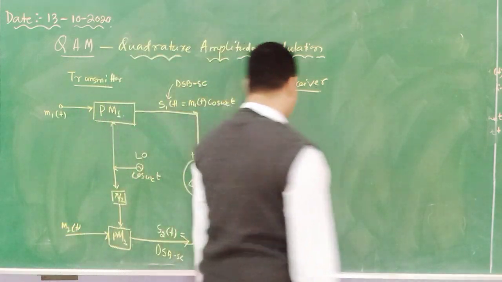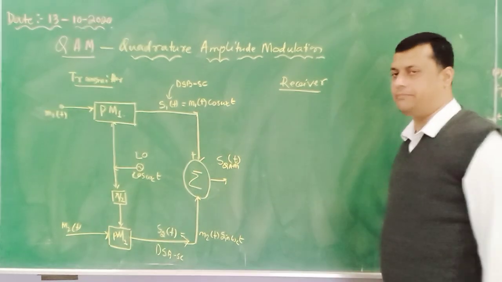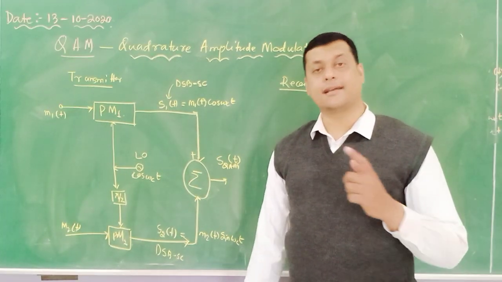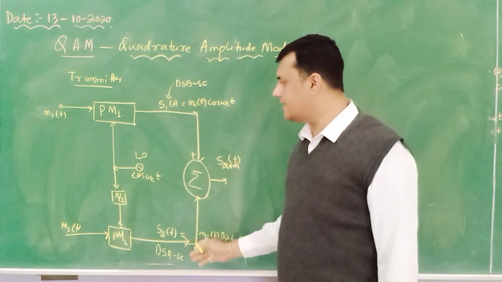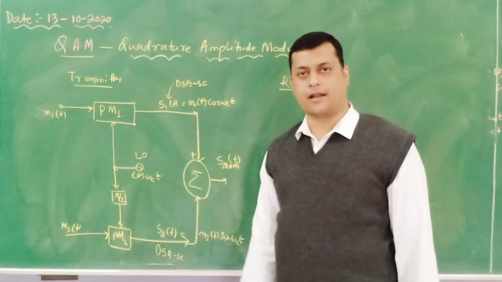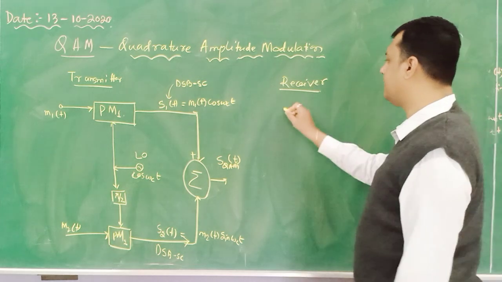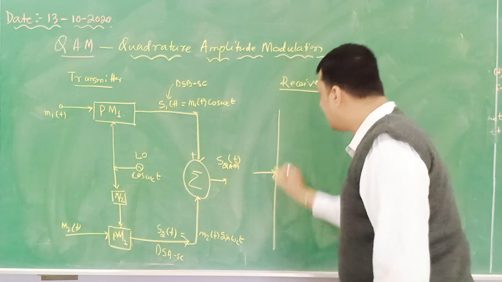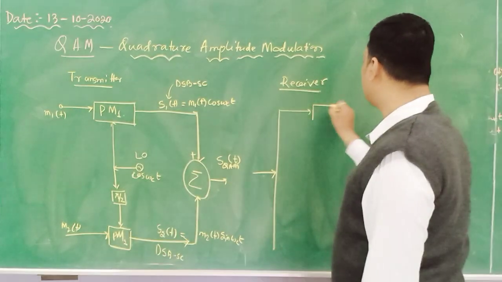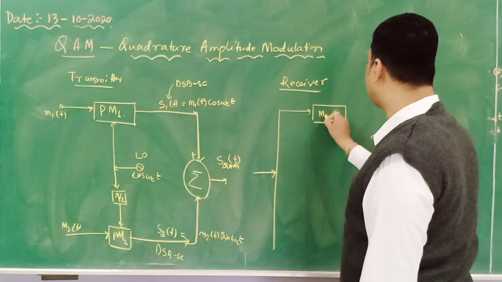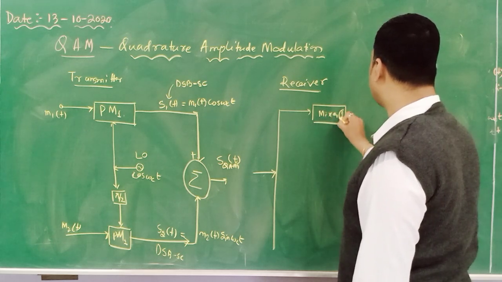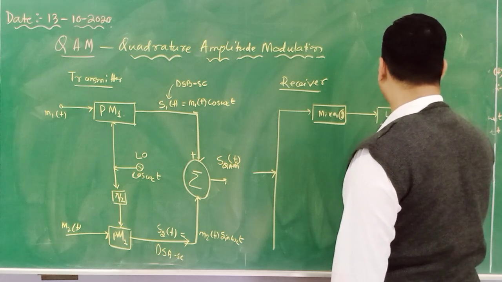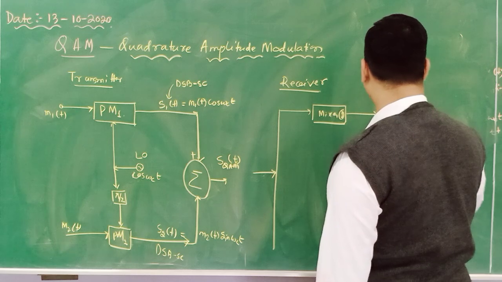Next, at the receiver end, what happens? Again, we need to synchronize the same carrier frequency, so we will use the synchronous detection method. So this is the generation part of a QAM transmitter. Similarly, at the receiver, we receive the QAM signal and provide it to mixer 1, followed by a low pass filter, and we will receive some output.